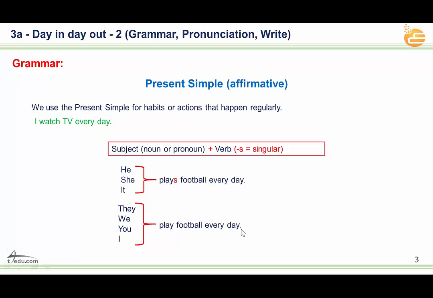They play football every day. We play football every day. You play football every day. I play football every day. The boys, 5 boys for example, play football every day. Ahmed and Ali, they are two, so they are plural, not singular: Ahmed and Ali play football every day, and so on.